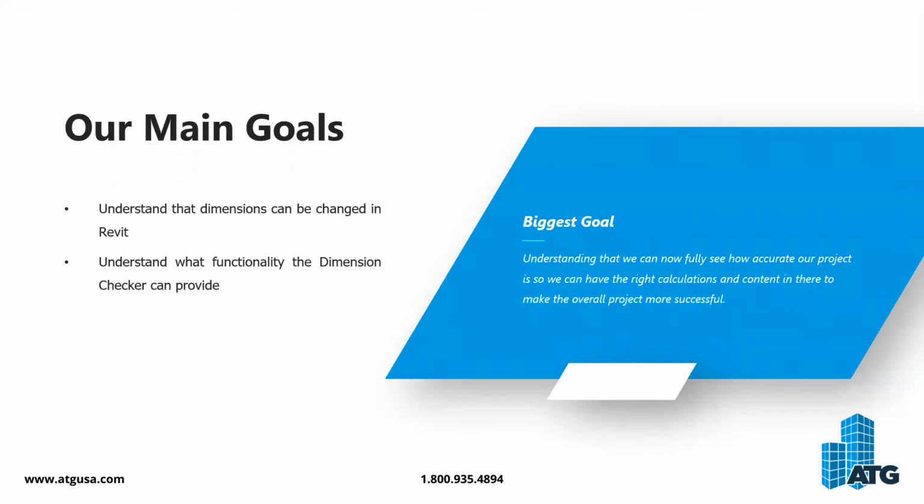Then we're also going to understand what functionality the dimension checker will and can provide. We need to know what information is given, where we can find it, what's really being pulled and shown, giving all of us extra information. And then we want to know how to utilize the tool and call out what is needed for any markups.